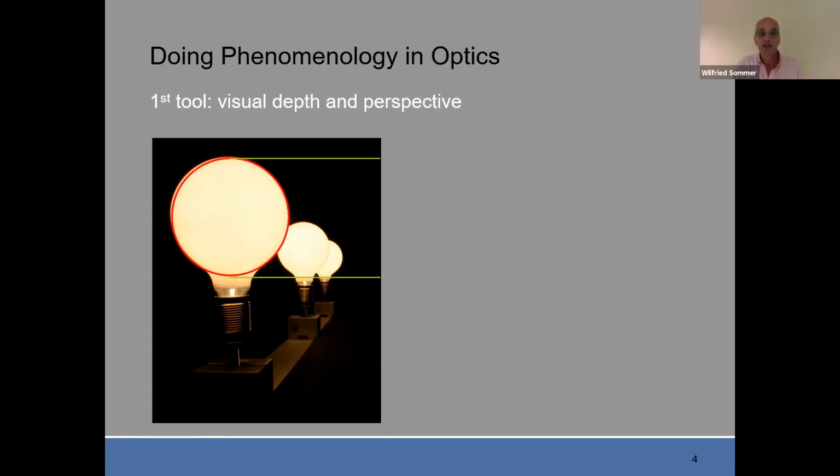Here you have dimension lines. The distance from the eye or the camera to the first lamp is 1 meter. The distance between the lamps is 1 meter as well. And here you have half the diameter for the second lamp and a third of the diameter for the third lamp.